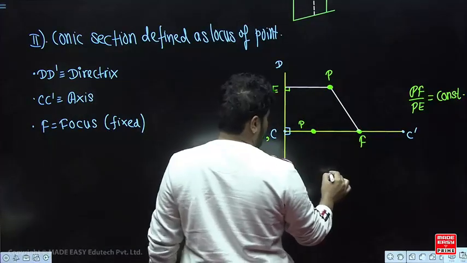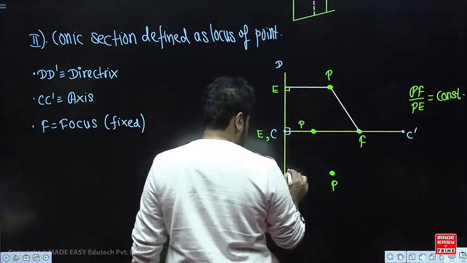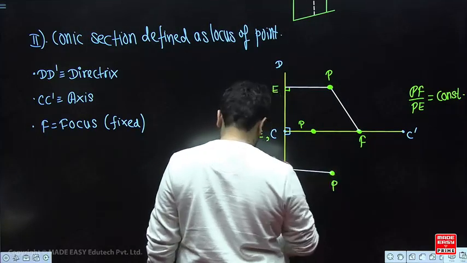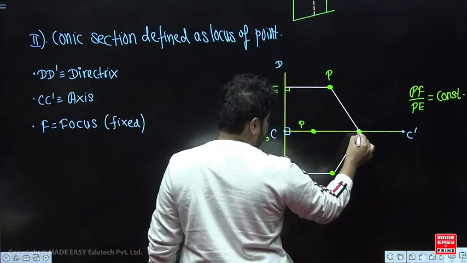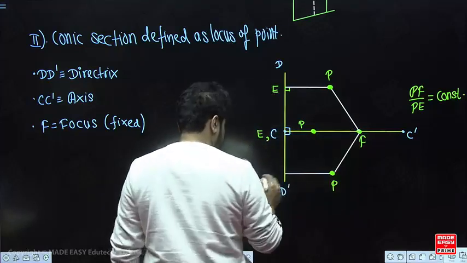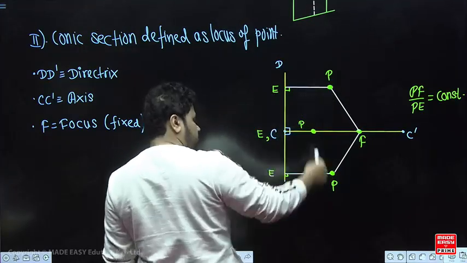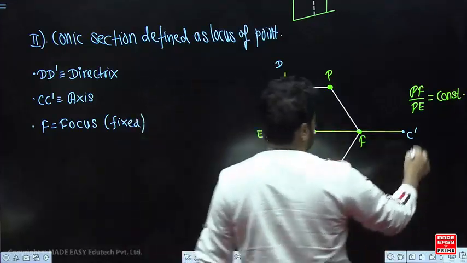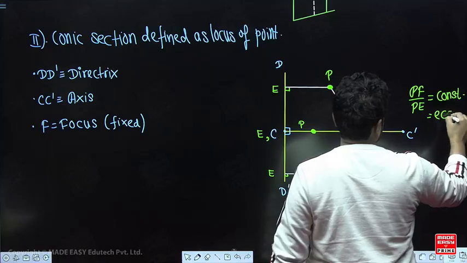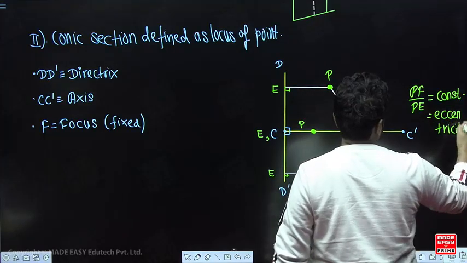Similarly, if the point is over here, the distance from the directrix and the distance from the focus is still in the same ratio. Here E will be at 90 degrees. So this point is moving such that the PF upon PE ratio is always constant, and this constant ratio is called eccentricity.